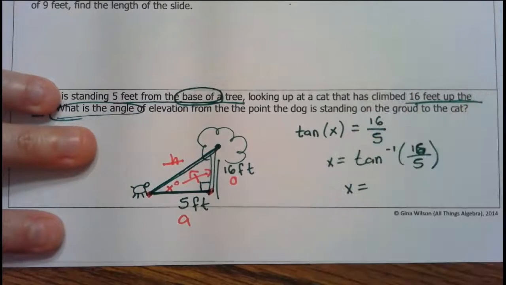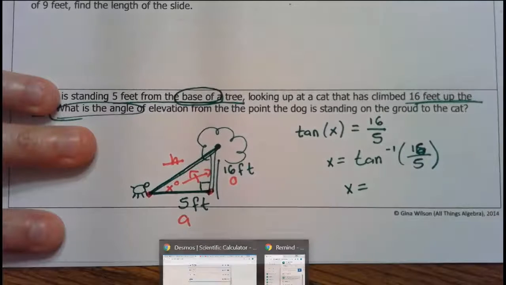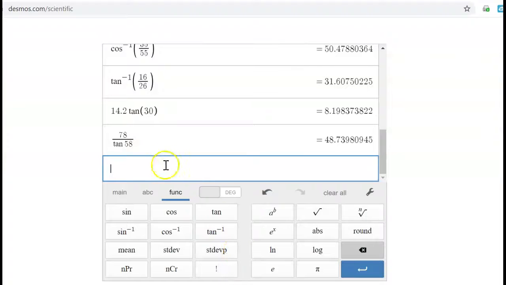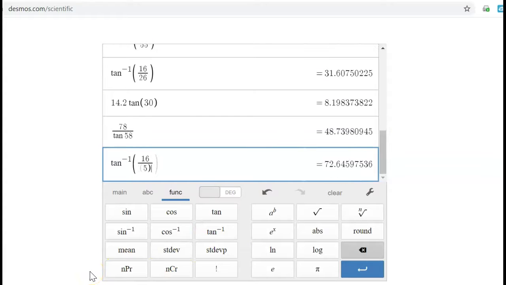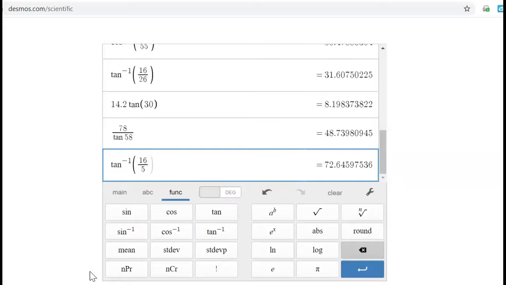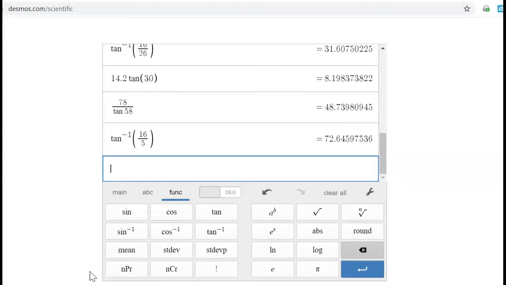Now all we have to do is put that in the calculator, and we're going to get our angle. So we have tangent inverse of 16 divided by 5. And we get that the dog is looking up at a 72.6 degree angle.